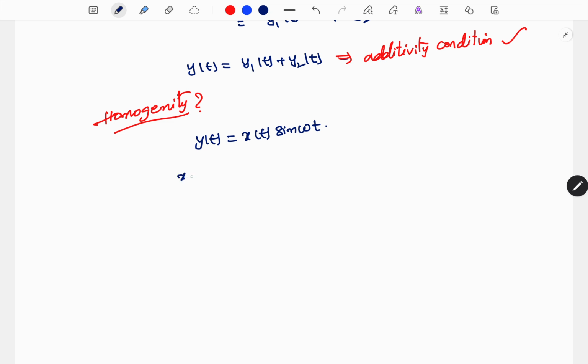Now we multiply x of t by some constant k.